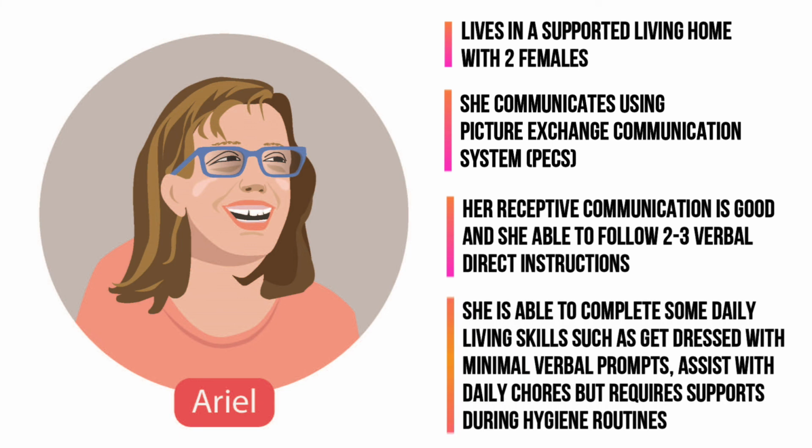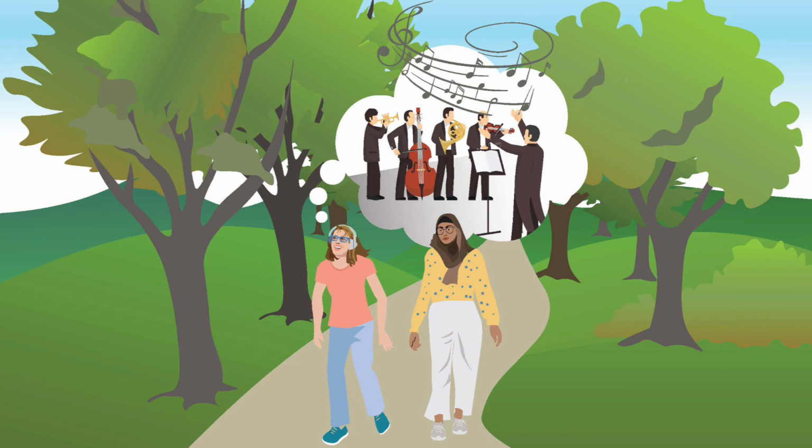She is able to complete some daily living skills, such as get dressed, with minimal verbal prompts, assist with daily chores, but requires supports during hygiene routines. Ariel enjoys listening to classical music, head massages, playing catch with a weighted ball, and going for walks. Ariel does not enjoy bright lights, loud noises, and crowded spaces.